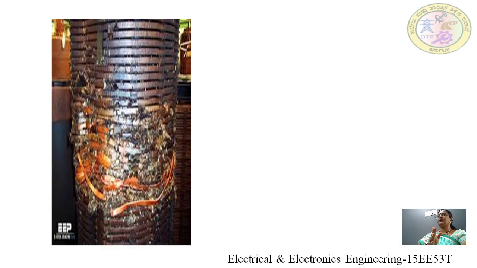Here there is a diagram in which the transformer winding is melted. That is, the transformer winding is damaged. This is due to short circuit current. This is one of the harmful effects of short circuit current, that is going to damage the power system equipment.